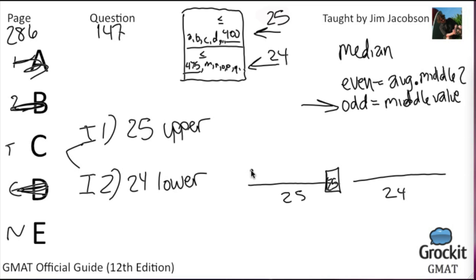And since these are done in ascending order, the lowest number of pages will be A, B, C, D, all the way up to whatever this one is. The 25th book will be the book with the most pages on the top shelf, which we have established from the original problem is 400. The 25th book is the biggest book on the top shelf.